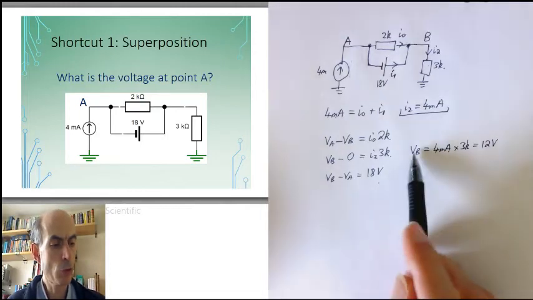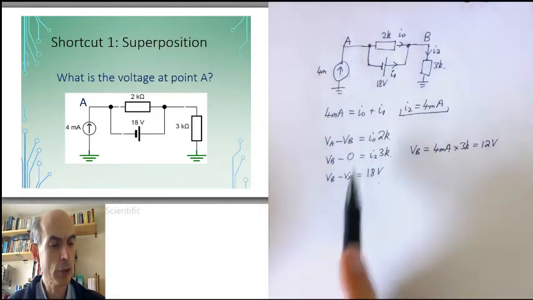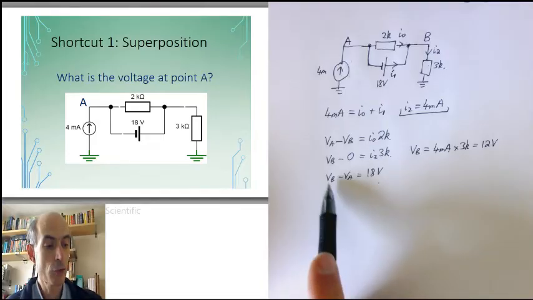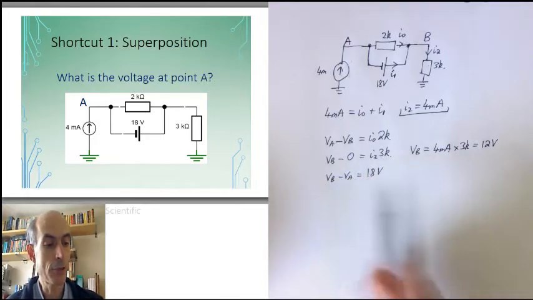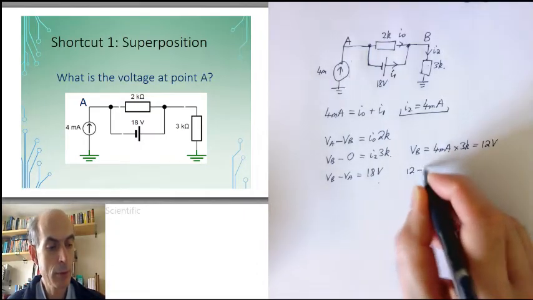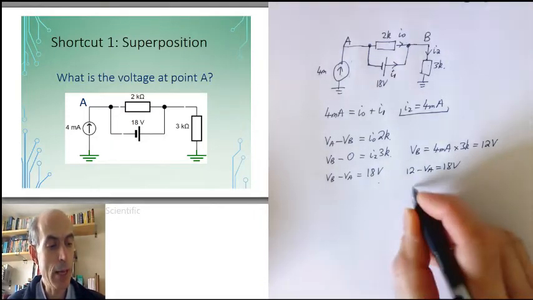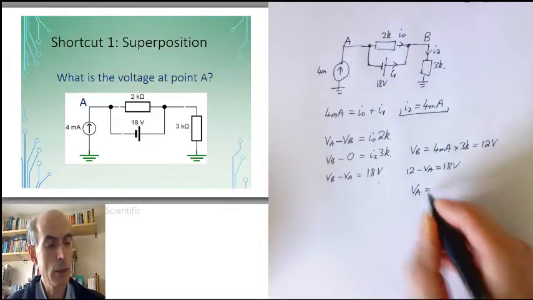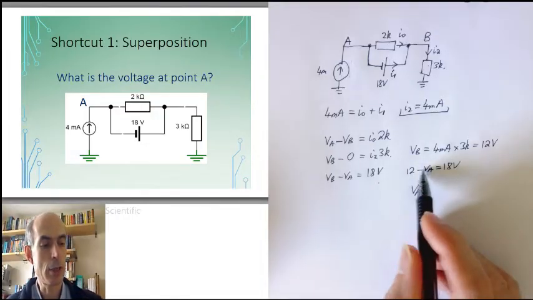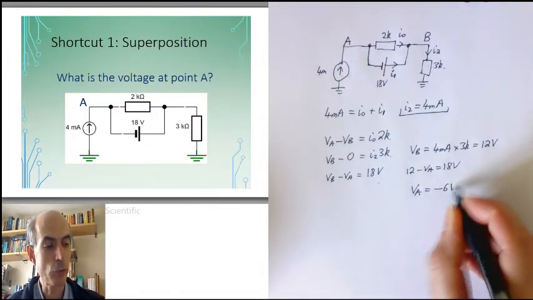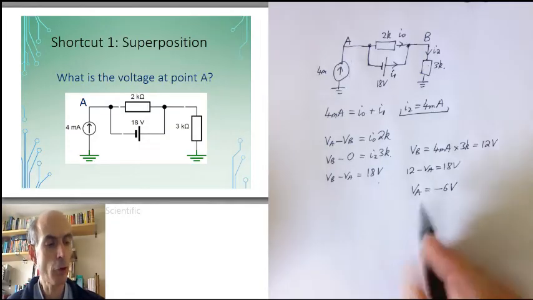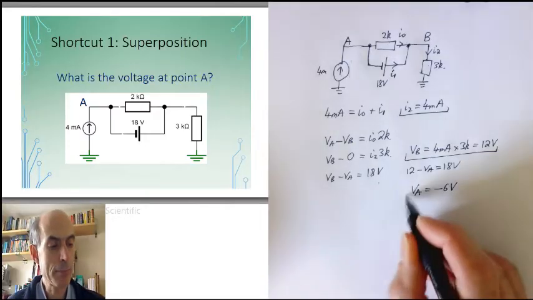If VB is 12 volts, then I could put that into this expression here. 12 minus VA is 18. And that would give me that VA has got to be 12 minus 18, which would be minus 6 volts. So I've got VB and I've got VA.